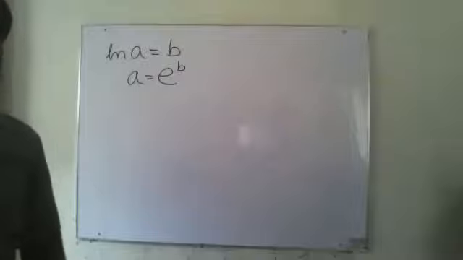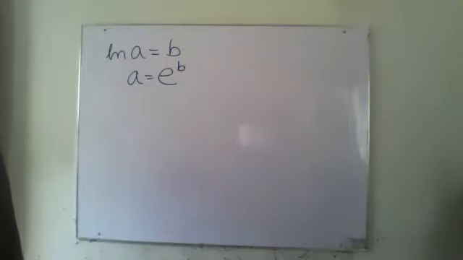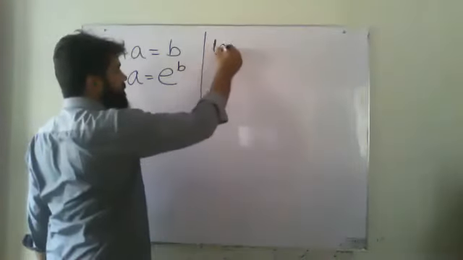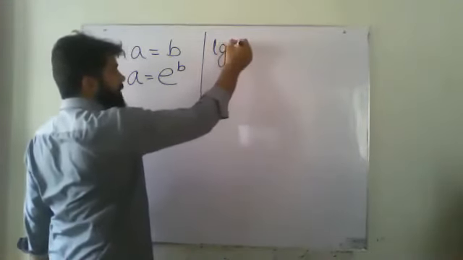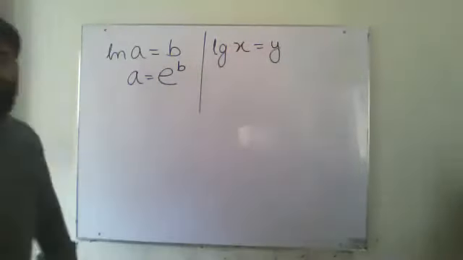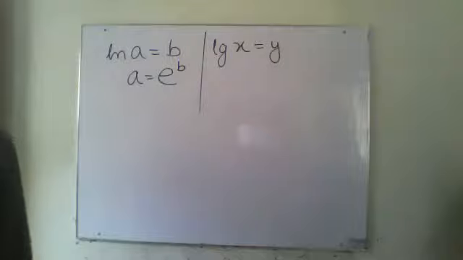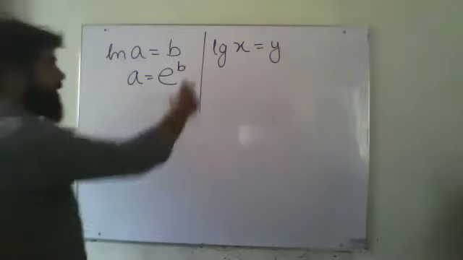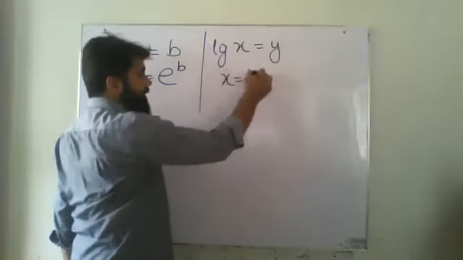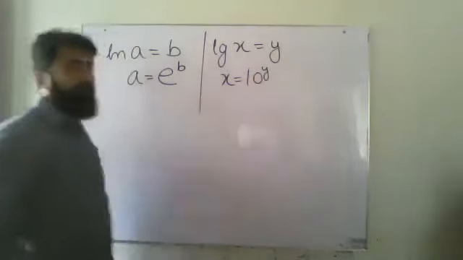In the same way, if I have, for instance, lg x equals y, when I shift my lg to the other side, it will become 10 to the power y.